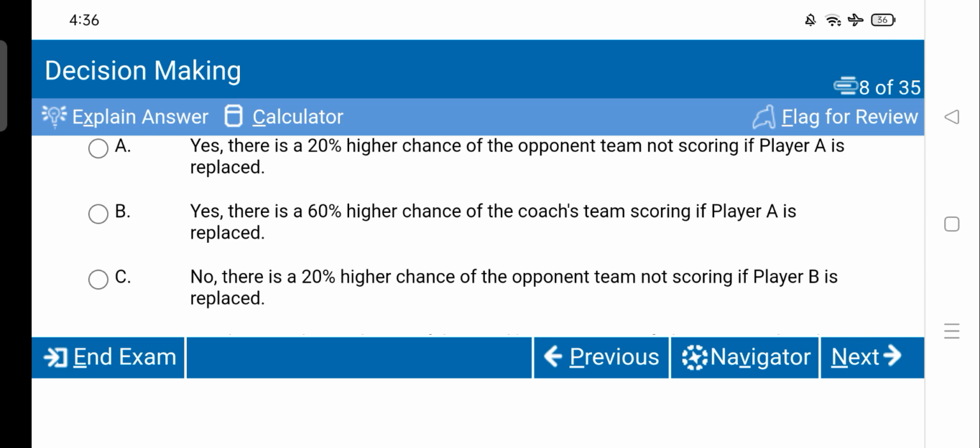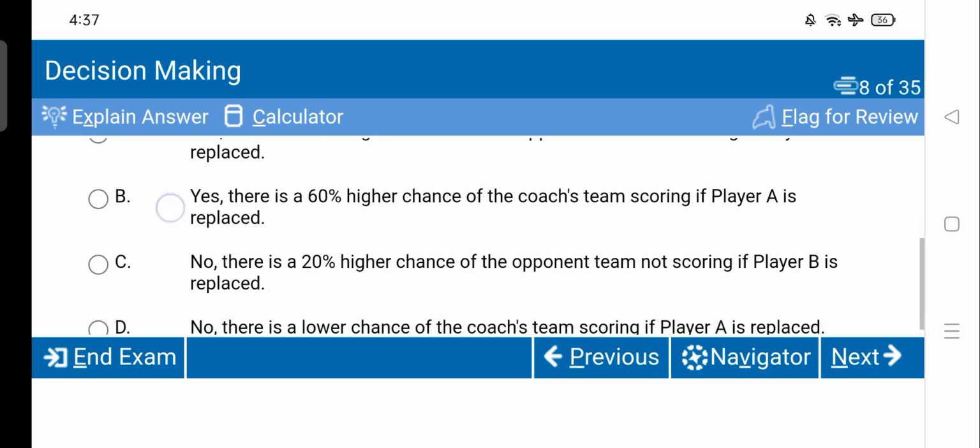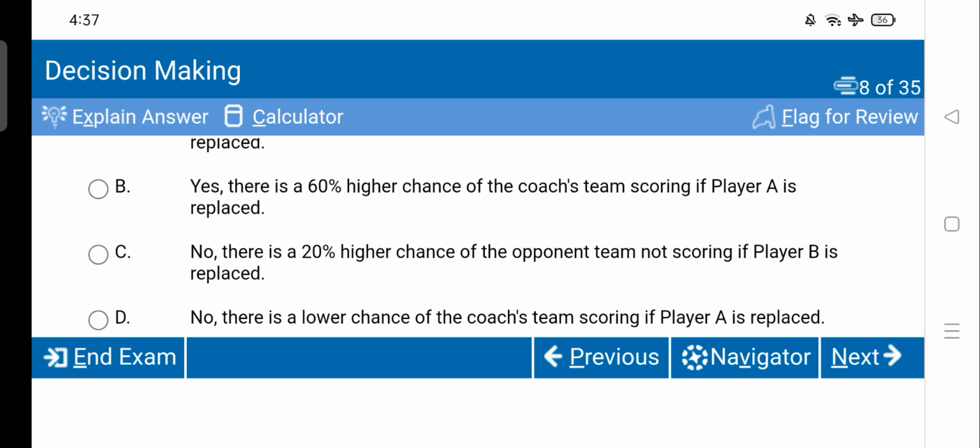Option C: no, there is a 20% higher chance of the opponent team not scoring if player B is replaced. Then we have option D: no, there is a lower chance of the coach's team scoring if player A is replaced.